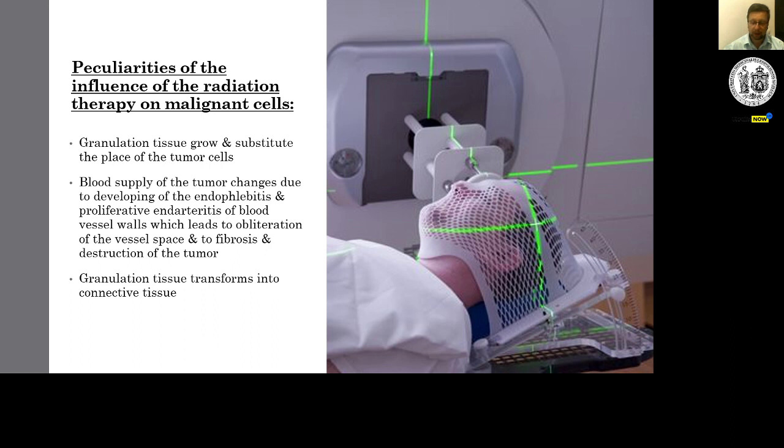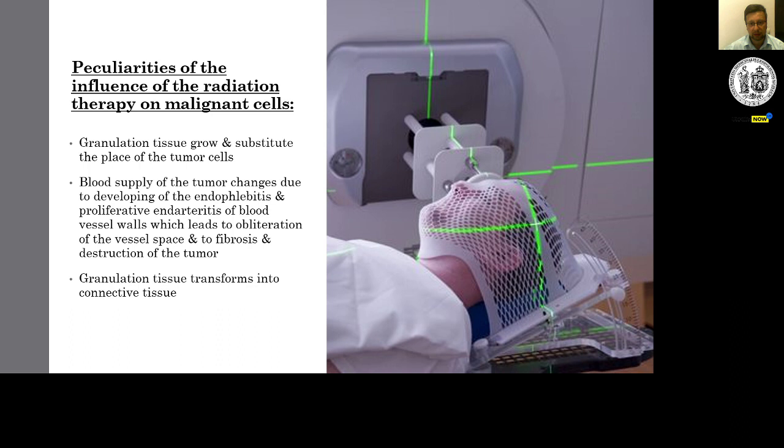Also, we may note other effects on the tissues and cells under the influence of ionizing radiation, such as the growth of granulation tissue, which will substitute the tumor cells.